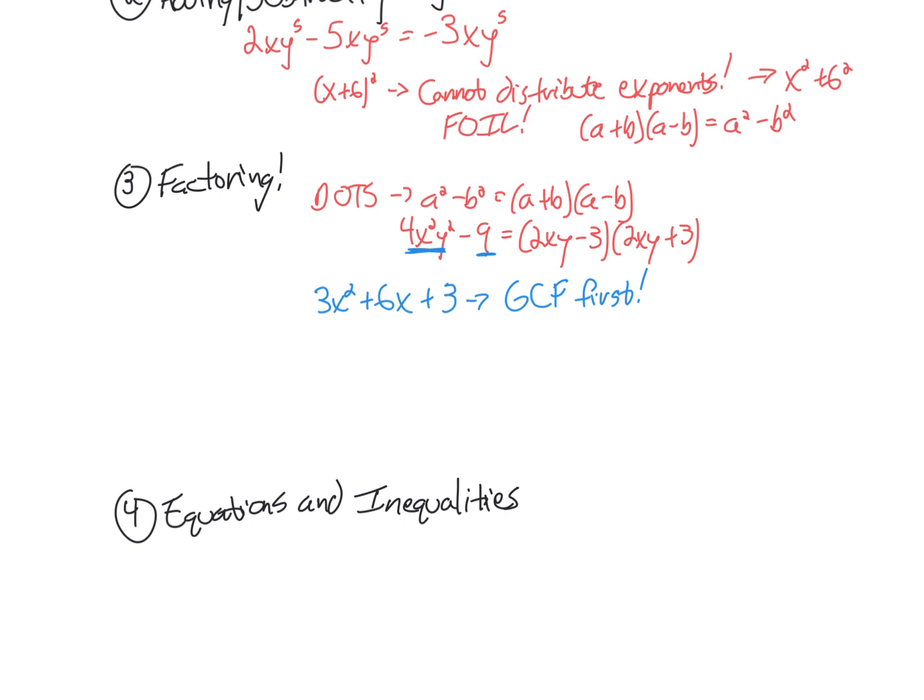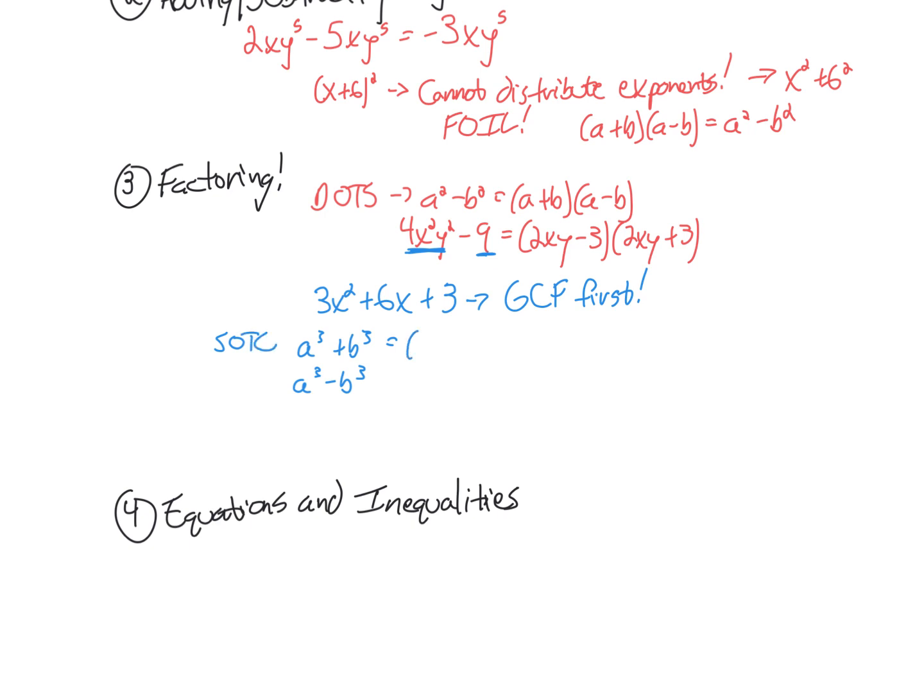And then we also looked at special patterns with cubes, things like a cubed plus b cubed and a cubed minus b cubed. Those are patterns you just have to have memorized. We don't do a ton of memorization, but in this case, do some memorization. So a cubed plus b cubed, we called that SOTC, sum of two cubes.